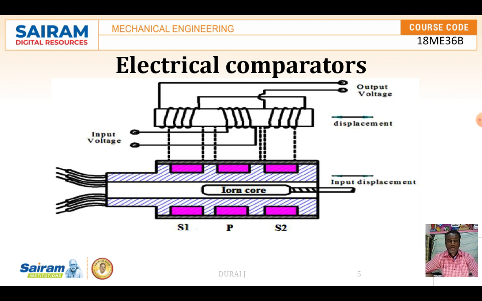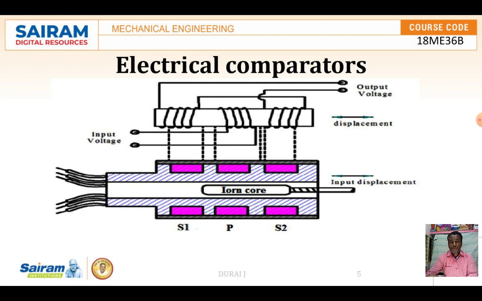Okay, so if you check over here, the iron core is placed over here. Here the two primary windings and the secondary windings are placed. Normally, the magnetic flux takes place in between. Suppose the magnetic core goes inside, the changes in the magnetic flux taking place will be noted with the help of the electrical signal.